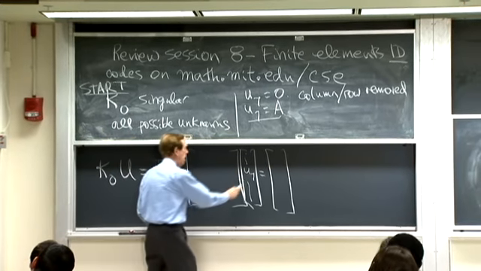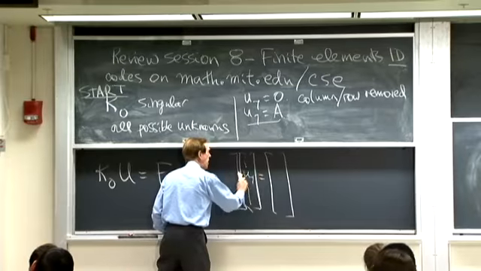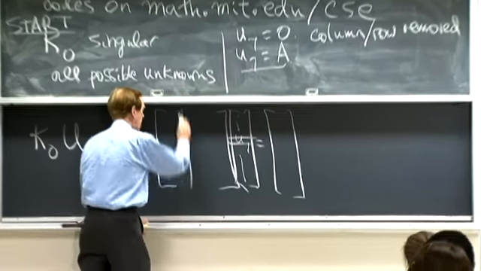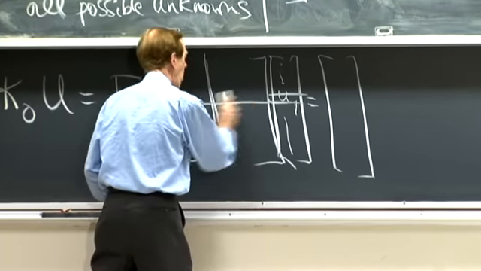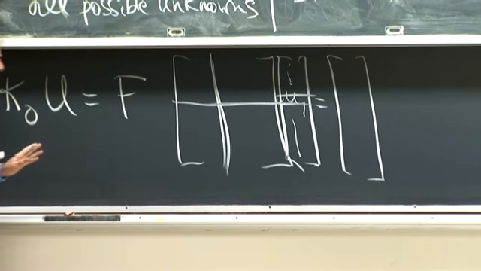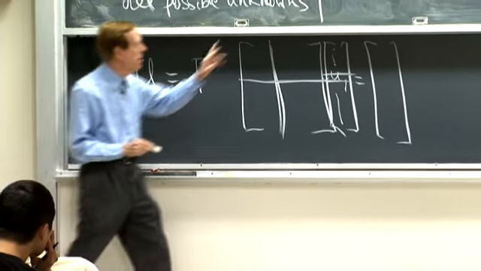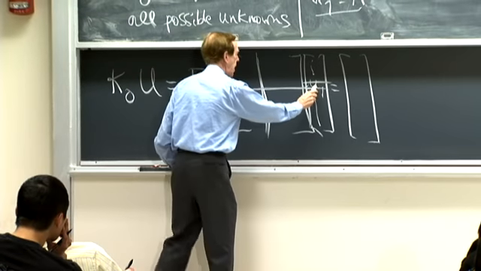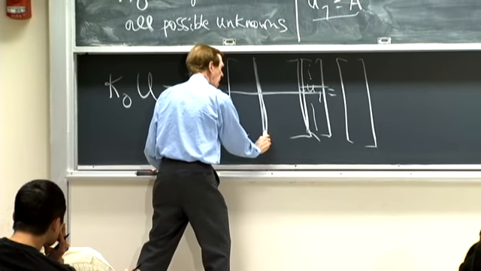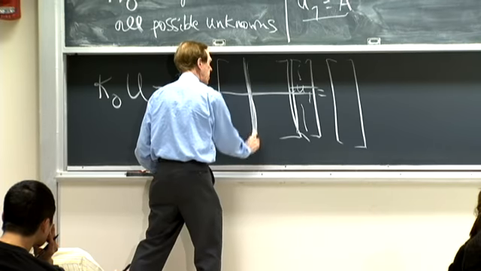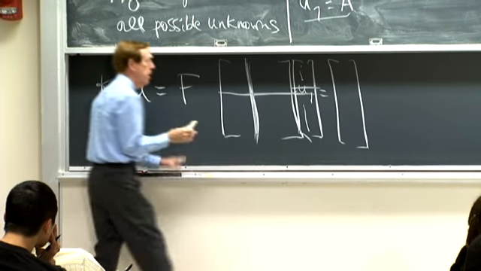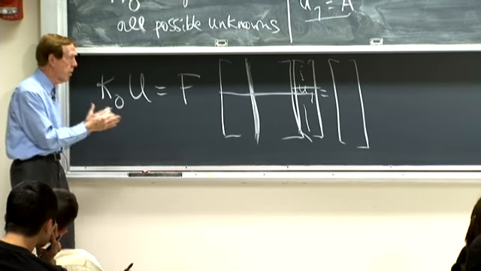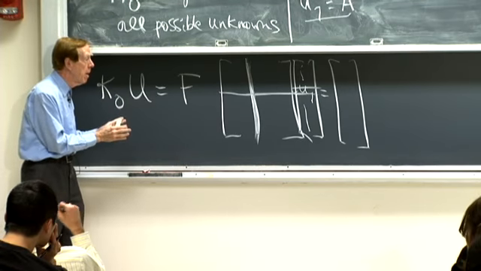I think that becomes, I strike out that unknown, strike out that column, strike out that row. But how does the A come in? Well, that A multiplied that column, right? This equation expressed equilibrium. Those equations were all valid.